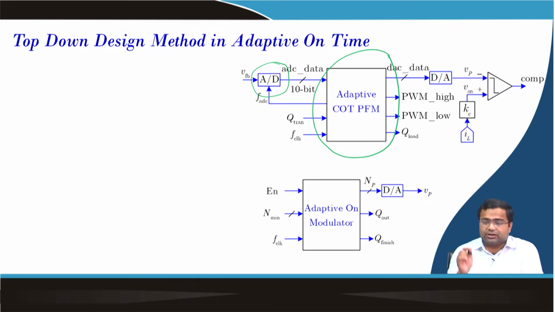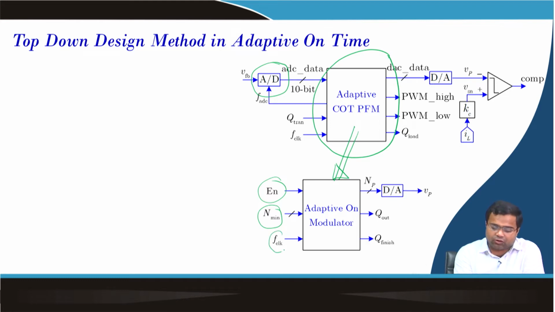Inside this block there will be a minimum on time adaptation modulator, and that requires an enable block, minimum off time, then this clock will be used to count; all timing calculation will be done based on this high frequency clock.